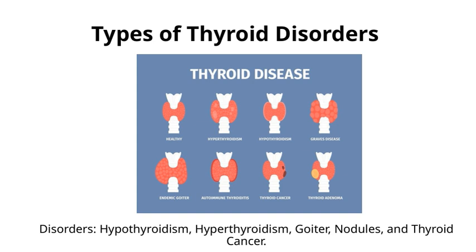Finally, thyroid cancer, though less common, is a serious condition that requires prompt treatment. Recognizing these different disorders is crucial because they can significantly impact health and quality of life, and understanding them helps us better appreciate the importance of thyroid health as part of overall wellness.